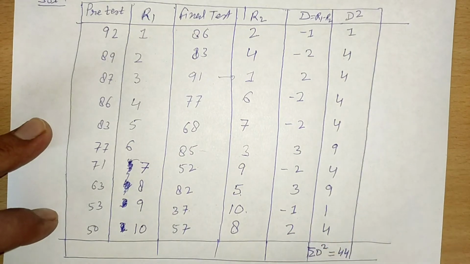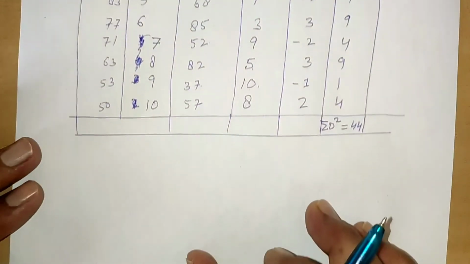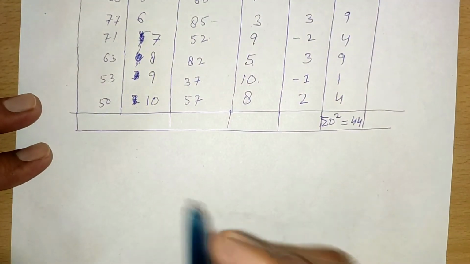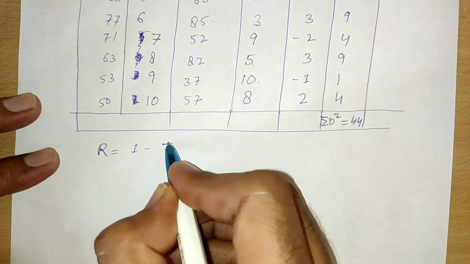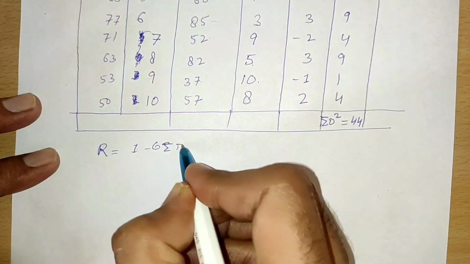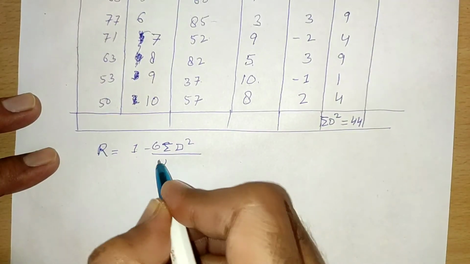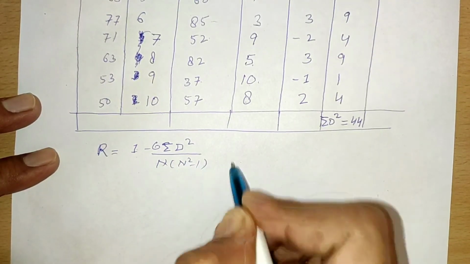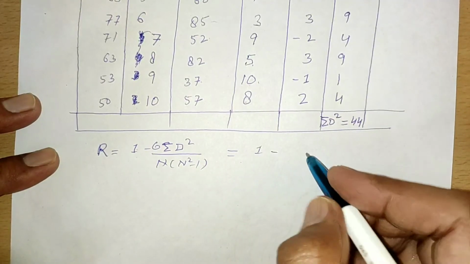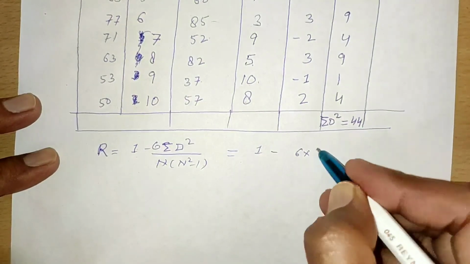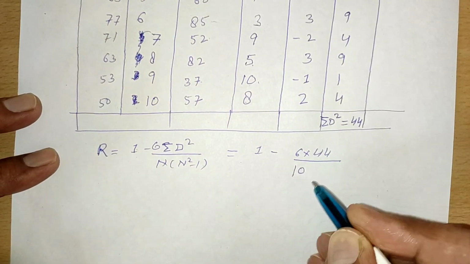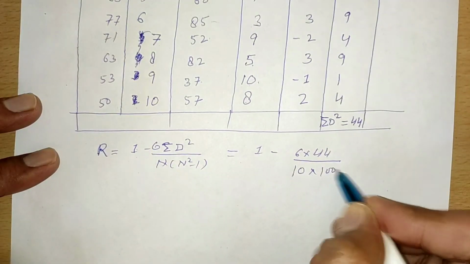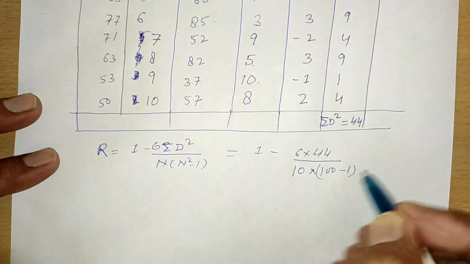Once this table is completed, you can use the Spearman rank correlation formula. The formula is 1 minus 6 times summation d square upon n times n square minus 1. Summation d square in this case is 44, and n, the total number, is 10, and 10 square is 100, minus 1.